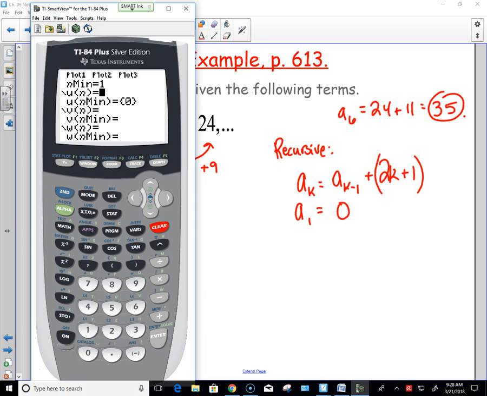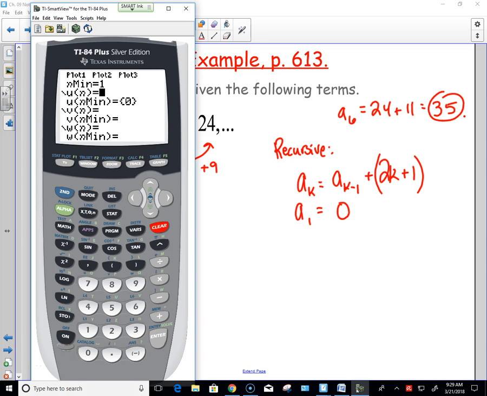Go to auto, not ask. There you go. What does it not like? Oh, there we go. You had a weird number in your window, so it was freaking out trying to get there. But now you're good.